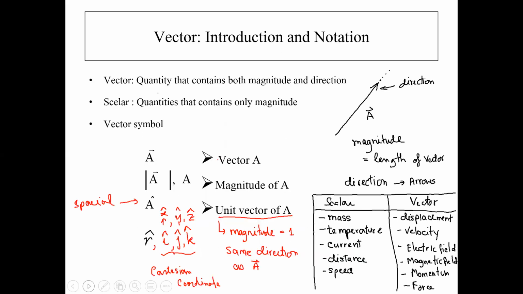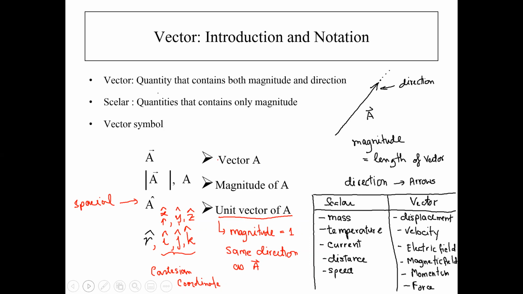A vector is a quantity having both magnitude and direction. Sometimes we represent vectors by a picture of an arrow.